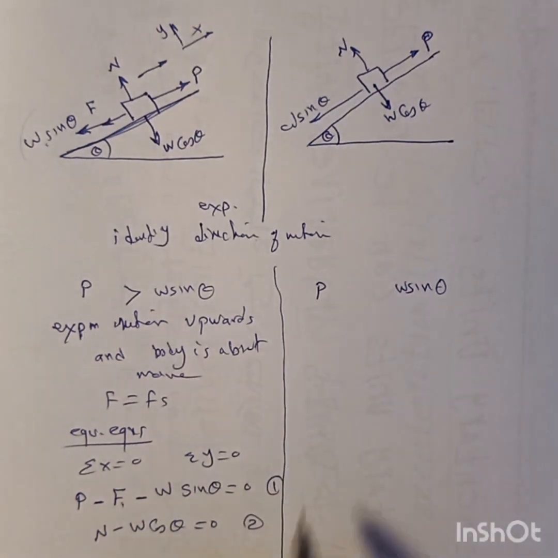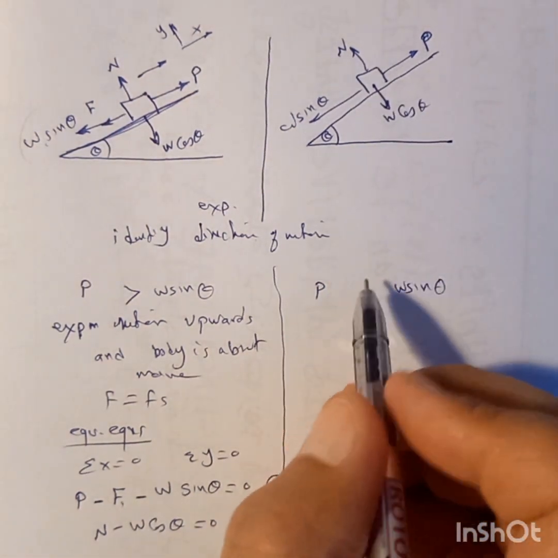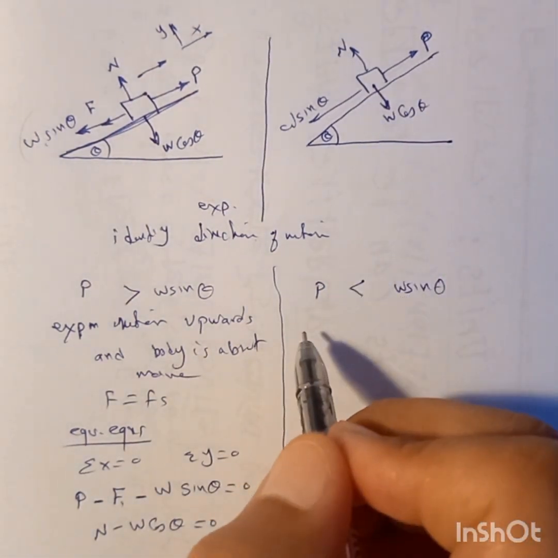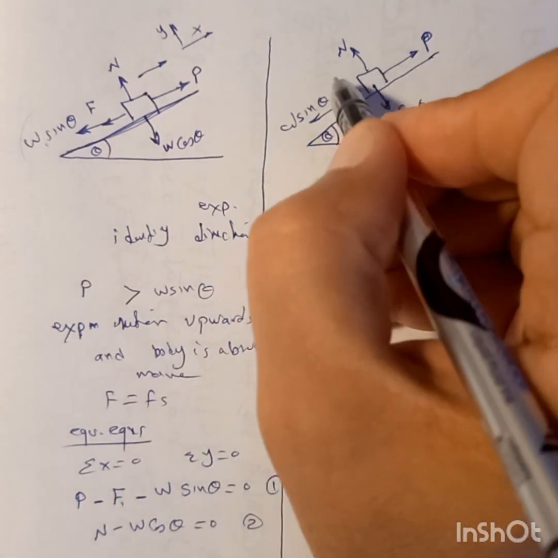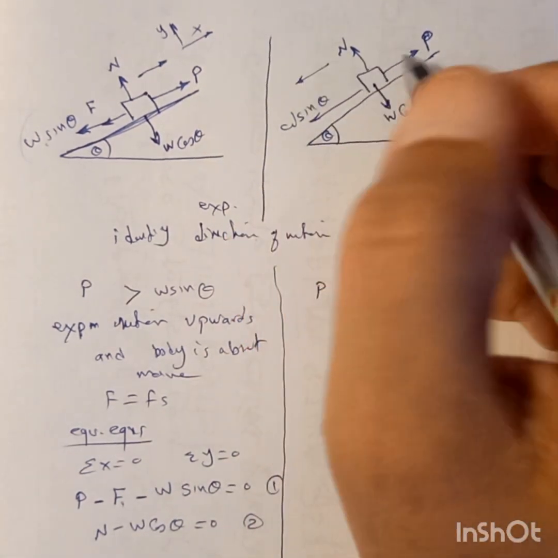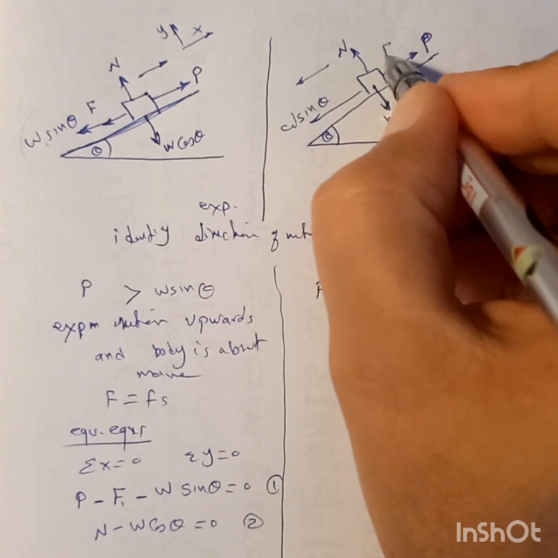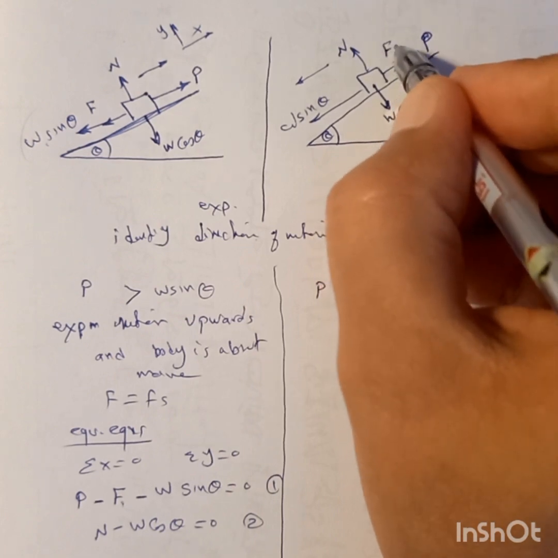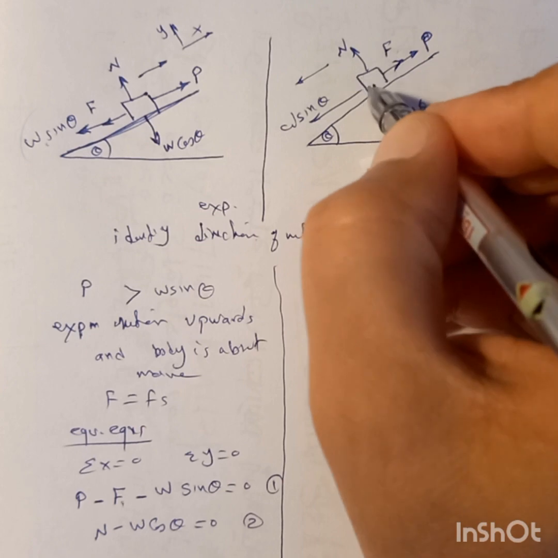Now we repeat for the other case. If P is less than W sine theta, then the expected motion direction is downward along the plane. In the opposite direction, in the direction of the external acting force P, we have the friction force F, and this equals Fs if the body is about to move.